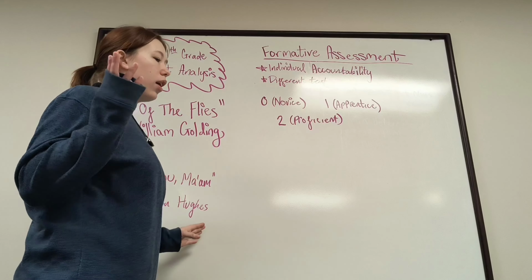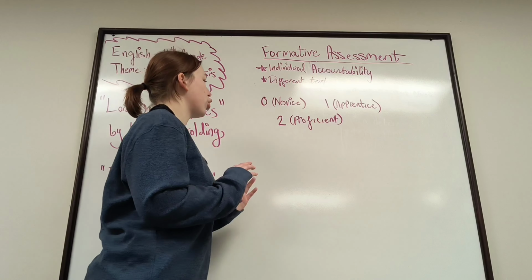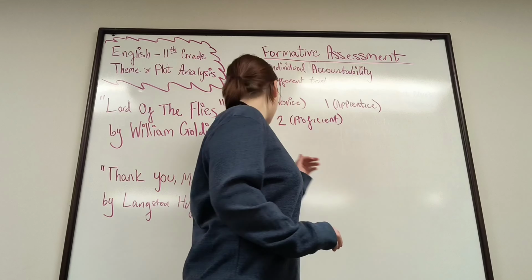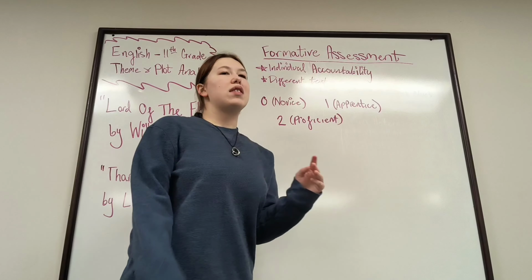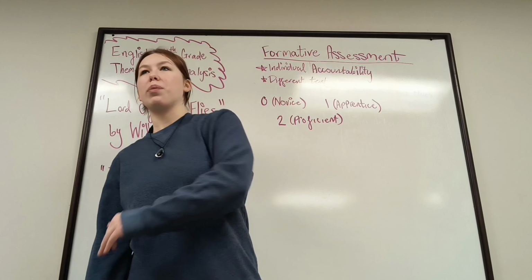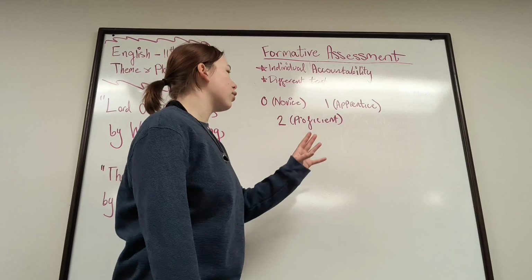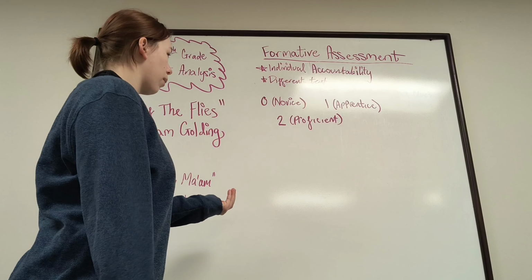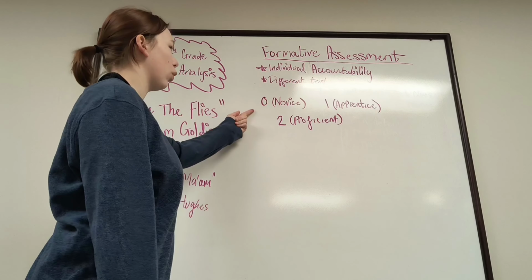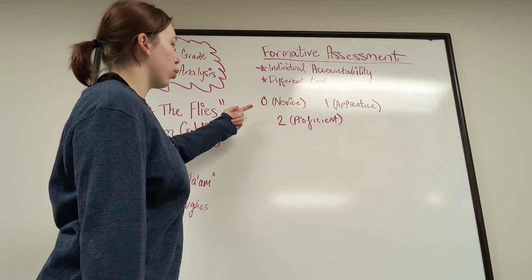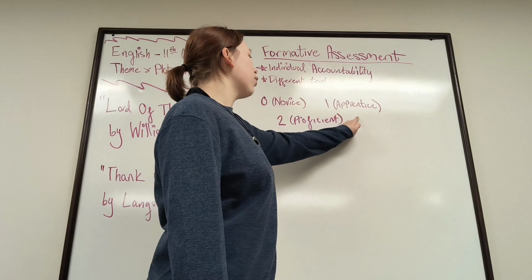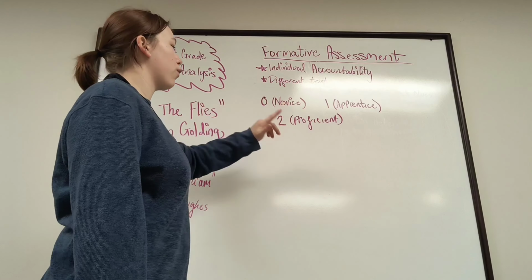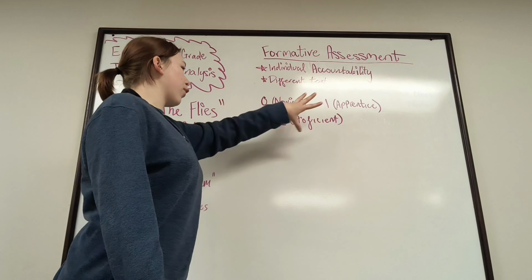So the exit slip asks these students to name two specific instances from the text in Thank You Ma'am by Langston Hughes that demonstrate theme using plot, which is what we looked at during the lesson that day. So if they cannot identify 2 or even 1, they will score a novice. If they can identify 1, they will get an apprentice, and if they can identify 2 correctly, they will get a proficient.